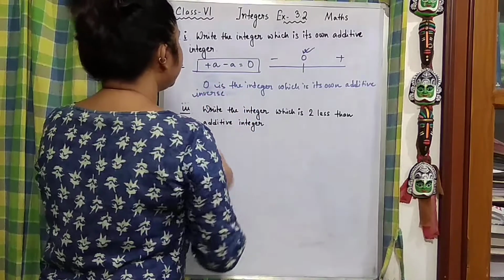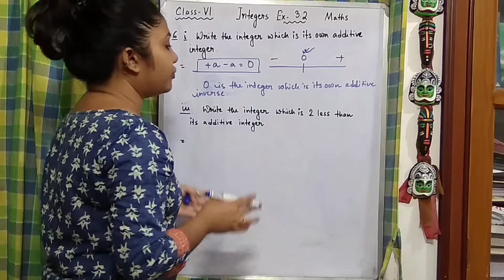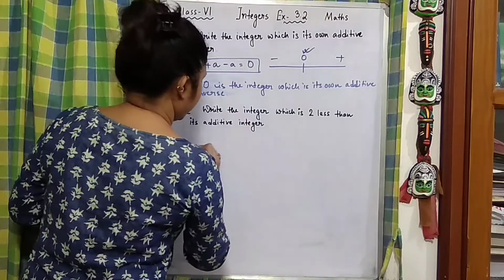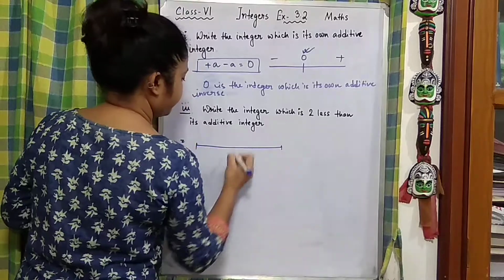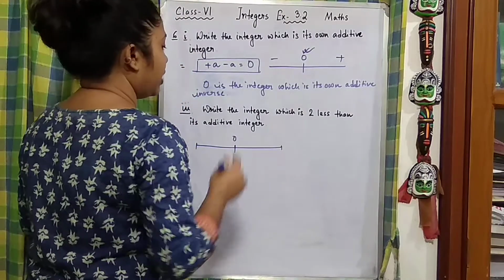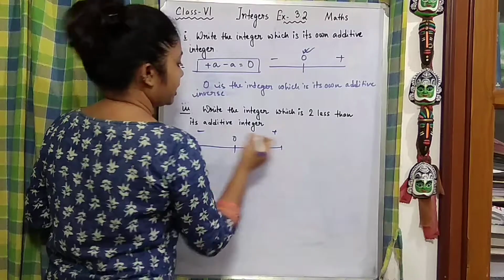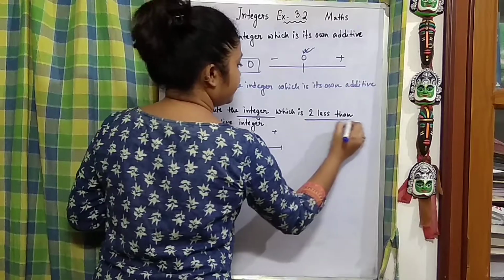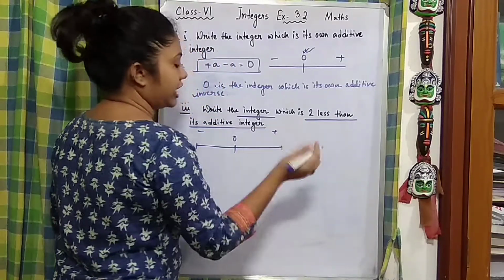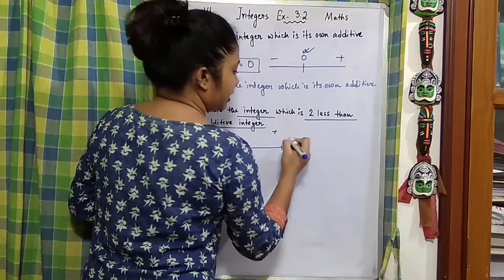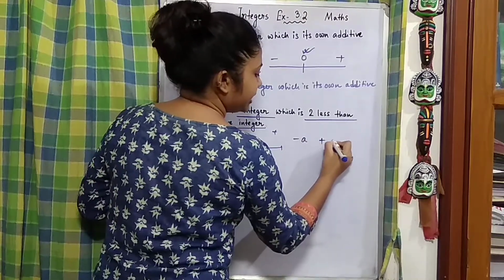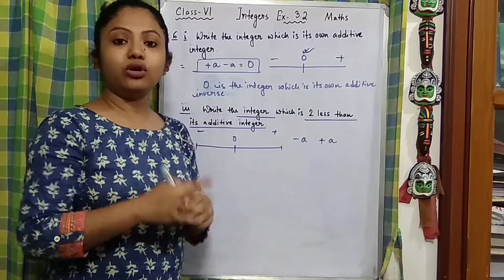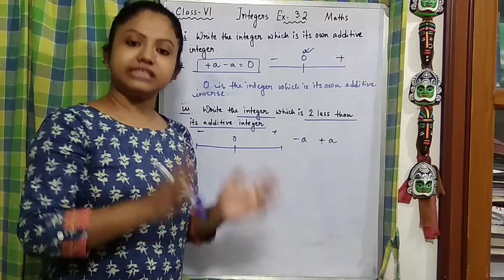Now coming to number 3. Write the integer which is 2 less than its additive integer. Now let's take the help of the number line. Here 0 is the line. We have to find the integer which is 2 less than its additive integer. If the number is -a, its additive integer will be +a, but ultimately the values of both integers will be the same, right?